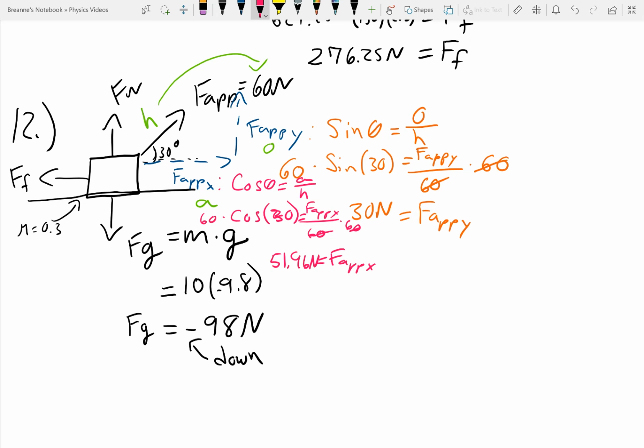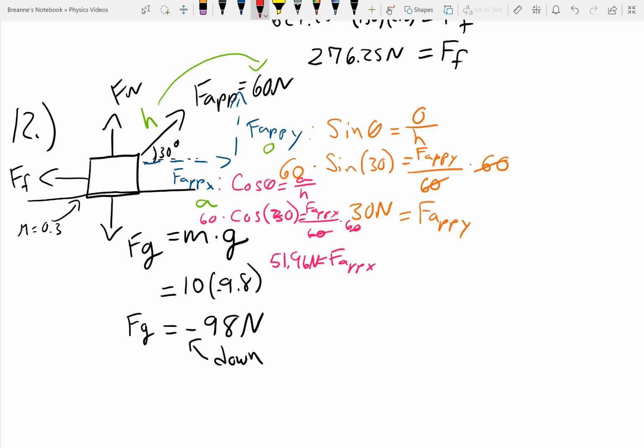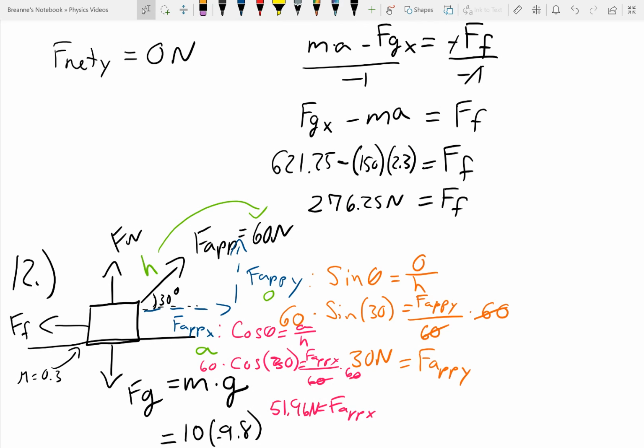So you keep going around, and you do your force of normal. Now your force of normal is kind of special. You have to figure it out a little bit differently, because we have two forces going up and one force going down. So your net force in the y direction is still 0. Again, that means everything going up has got to equal everything going down.